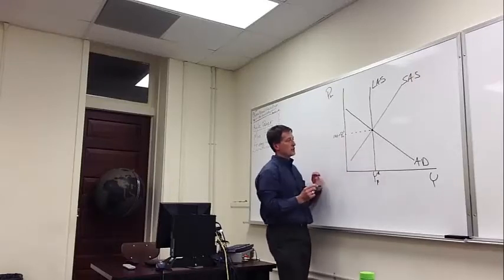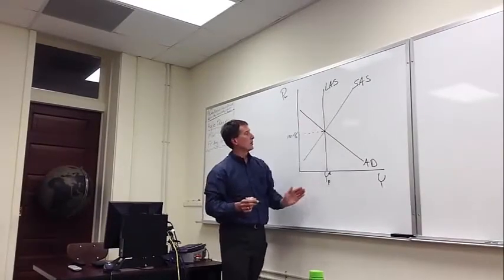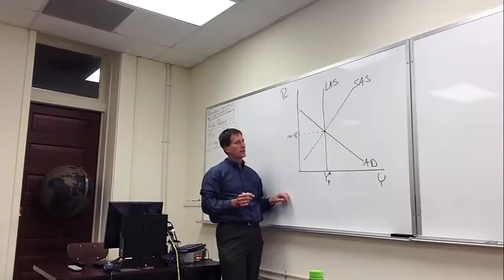We've got the potential level of output where the long run aggregate supply curve intersects the horizontal axis.